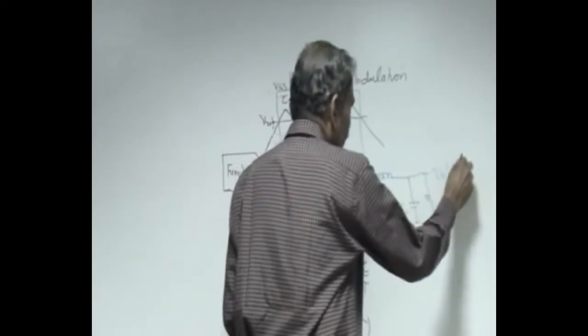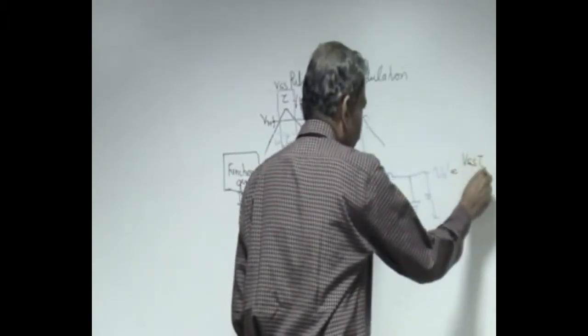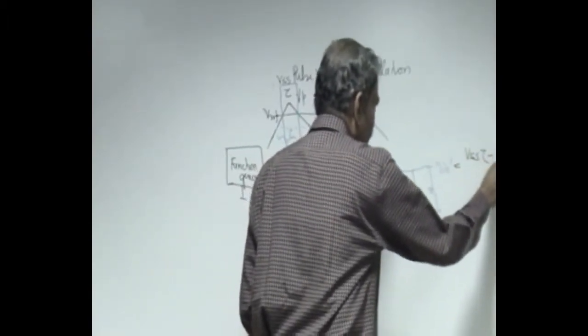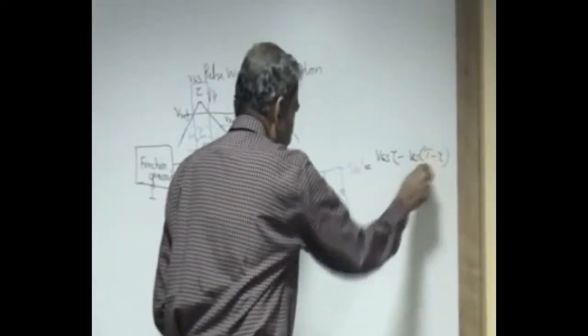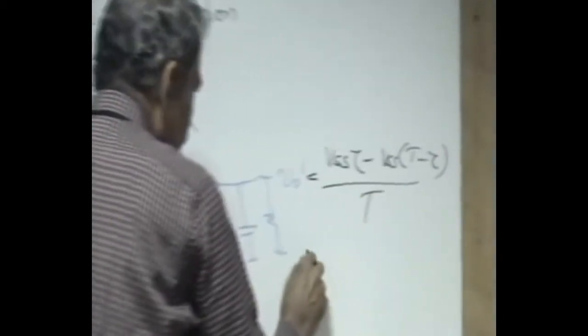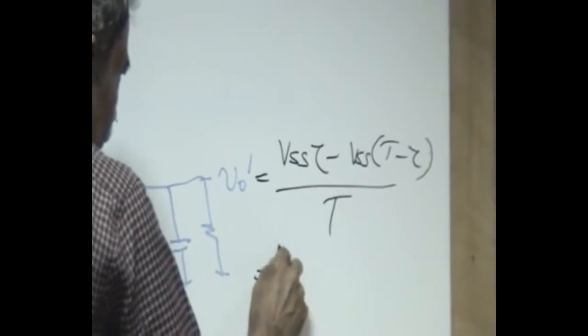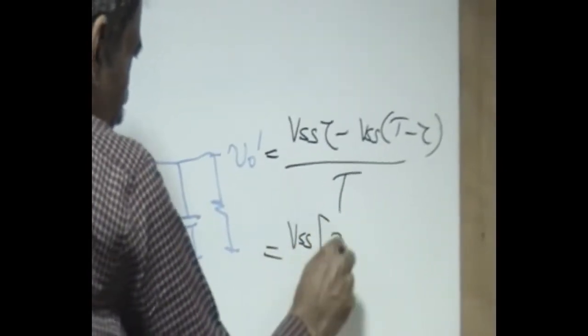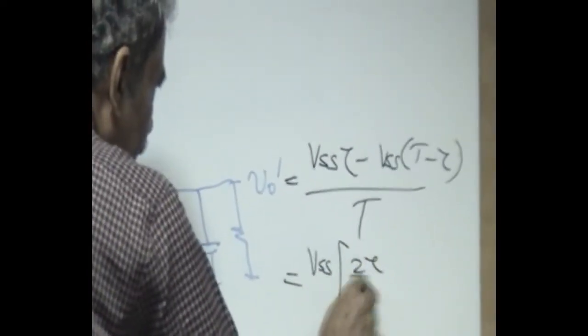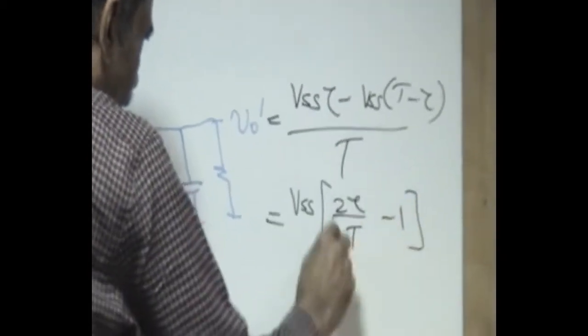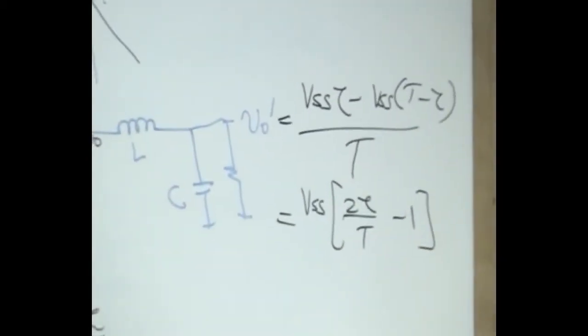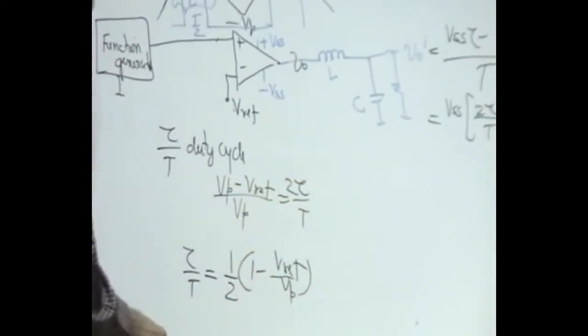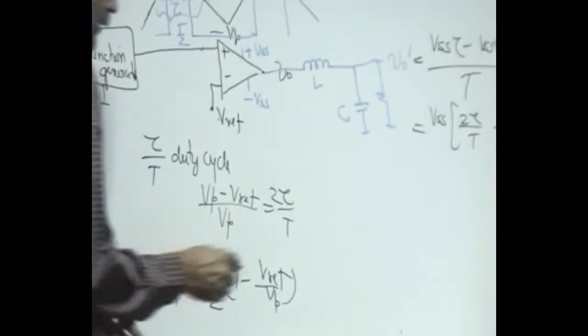We can say that it is there as VSS for tau and minus VSS for T minus tau, and the time period is T. Therefore, the average of this is nothing but VSS into 2 tau by T minus 1. And what is 2 tau by T minus 1? This is already established: 2 tau by T minus 1 corresponds to minus V reference by Vp.